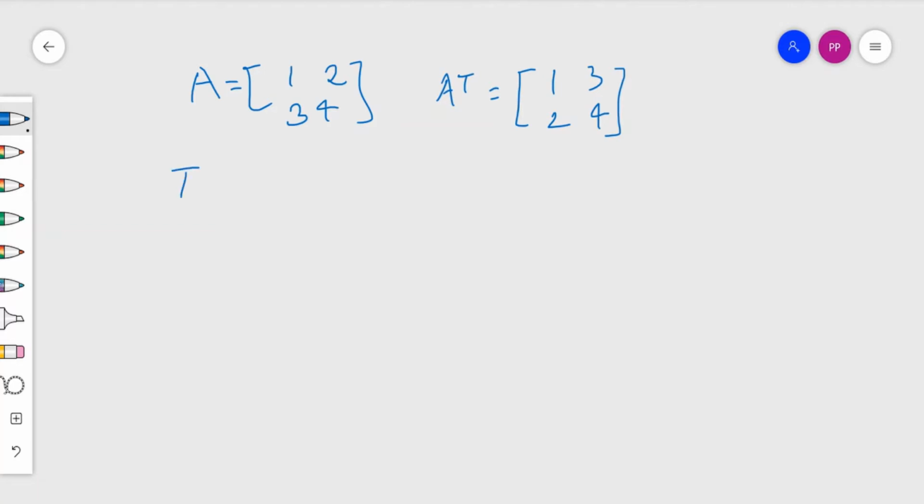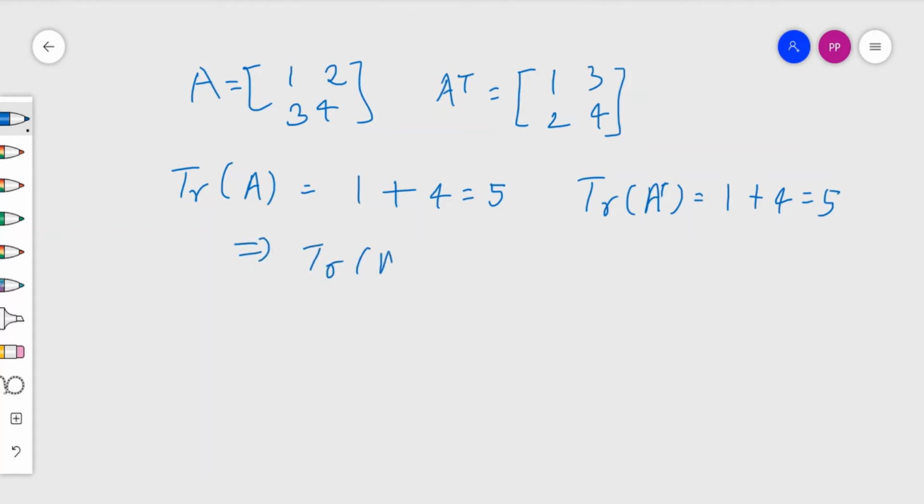If I find the trace of A, it should be the diagonal values added, 1 plus 4 equals 5, and similarly the trace of A transpose is again the diagonal values 1 plus 4 equal to 5. Therefore we have trace of A equal to the trace of A transpose. So this is the second property.